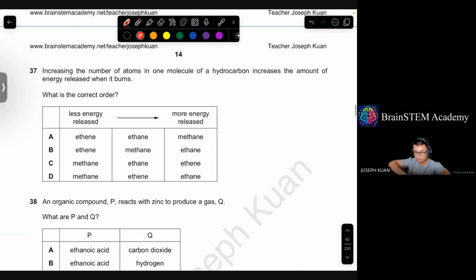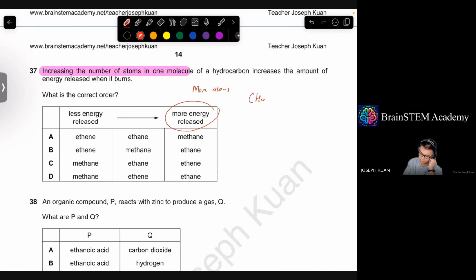Right, question 37. Increasing the number of atoms in one molecule of a hydrocarbon increases the amount of energy released when it burns. What is the correct order? The keyword here is increasing the number of atoms in one molecule. So the more atoms it has, the more energy is released. So we have three of them. Methane is CH4.